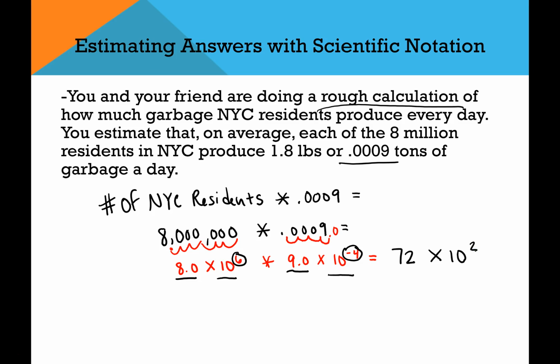So our answer is 72 times 10 to the 2nd, and 72 we can write as 72.0 times 10 to the 2nd, which means that we are going to move our decimal over 1, 2. All right, so then our answer is going to be 720, and I got to put another 0 here.